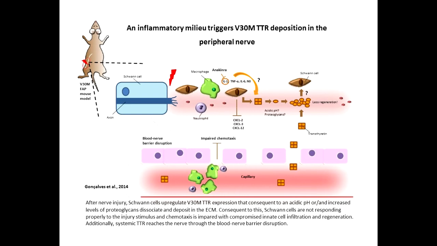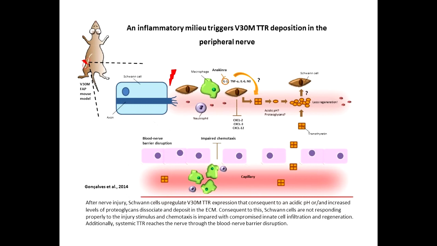And so maybe we need to understand better why in nerve you don't have cells to get rid of deposited material. So we went on in transgenic mice and decided to do an inflammatory stimulus. We did nerve injury, a lesion in the nerve of these animals. Usually in normal mice, you would have cytokines, chemokines, and so on, being attracted to the site of injury to clear up the debris.